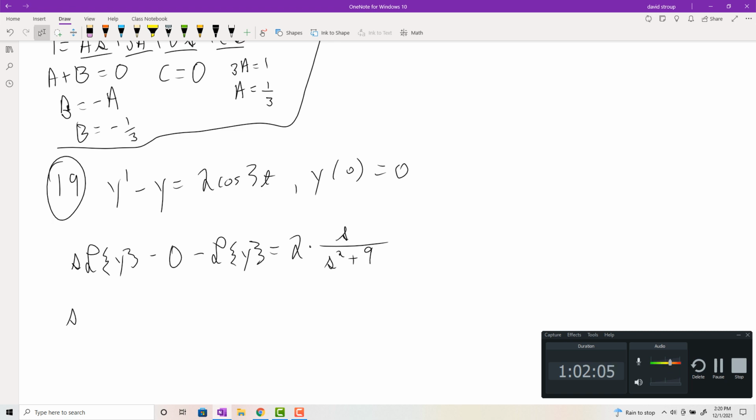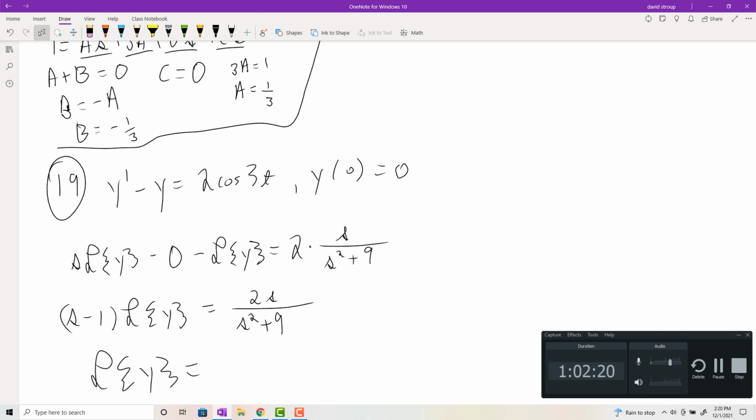So doing a little factoring, I have s minus 1 times Laplace of y equals apparently 2s all over s squared plus 9. Solve for the Laplace of y. So I get 2s all over s minus 1 times s squared plus 9.